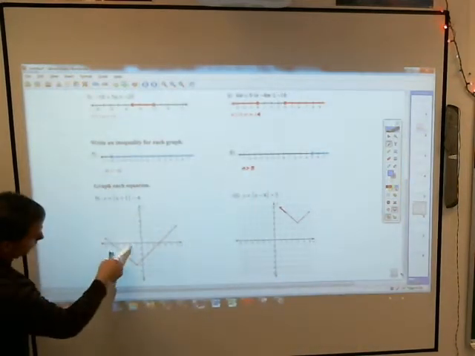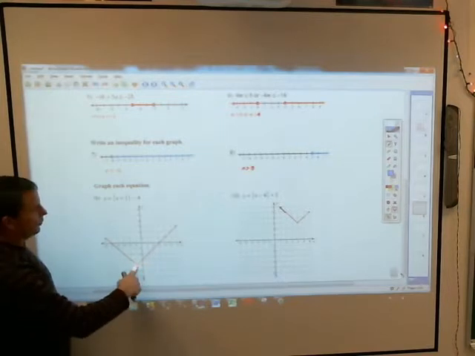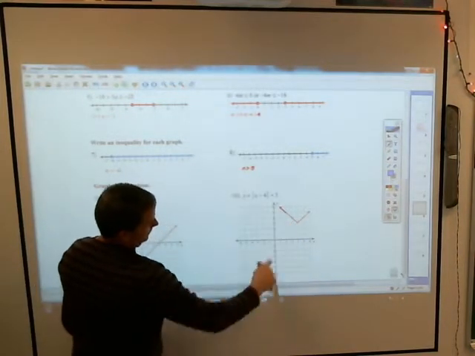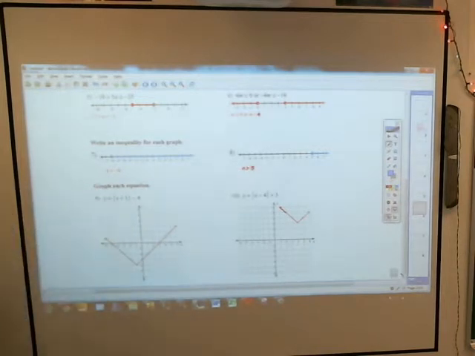This is what? -1, -4 is your vertex, and this is 4, 3 is your vertex. It would be relatively easy to see if you did right or wrong. I know which one I'd ask a question about if I were you, if you got one wrong. You didn't get one wrong? Why are you raising your hand?